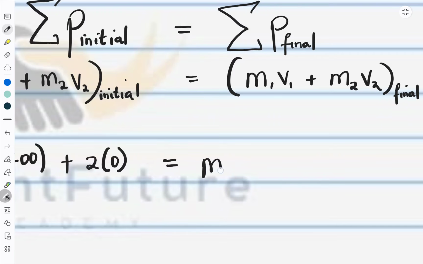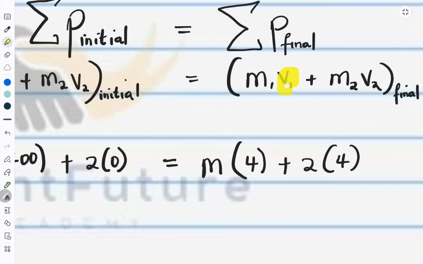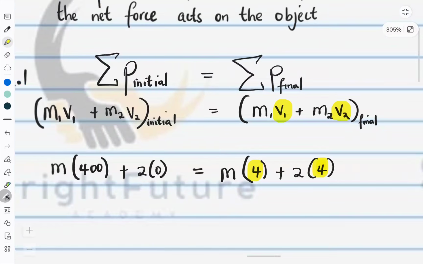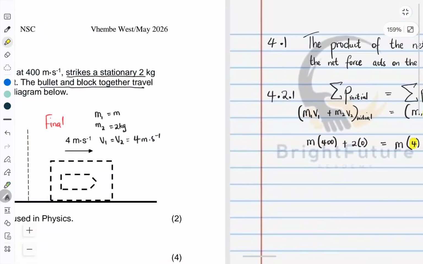M1 is still M, we don't know what it is. M2 is 2, and they are both traveling at 4. If you see V1 and V2, they are equal, as we stated here.